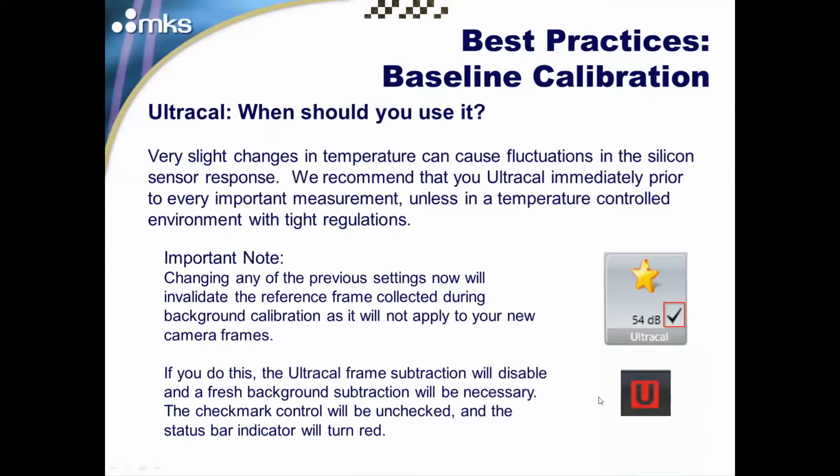What that means is that after the ultracal, they changed some other camera settings, such as the frame format, the exposure, lens, anything that would change what the composition of that frame was, and that invalidates that reference frame that was taken during ultracal. So ultracal will automatically shut off, the indicator will go red, and if you hover over that with your mouse, it'll actually tell you what you changed to make that shut off.